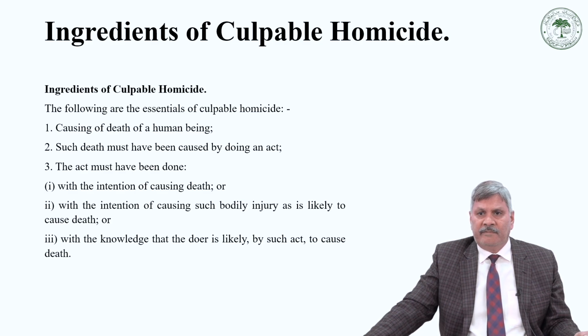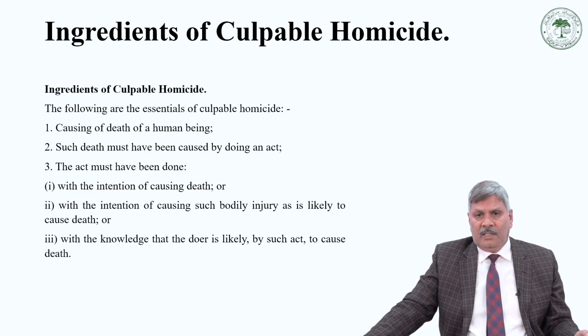Hence, some cardinal evidence would be necessary to show the real intent or knowledge in such a case. Example, that the offender was aware of the disease and the blow was given on the diseased part.